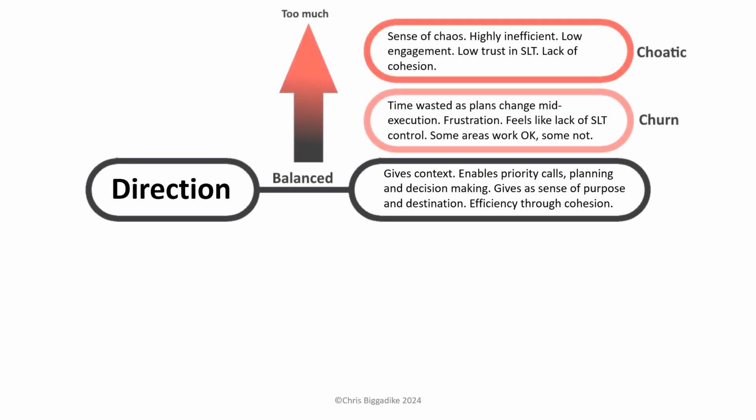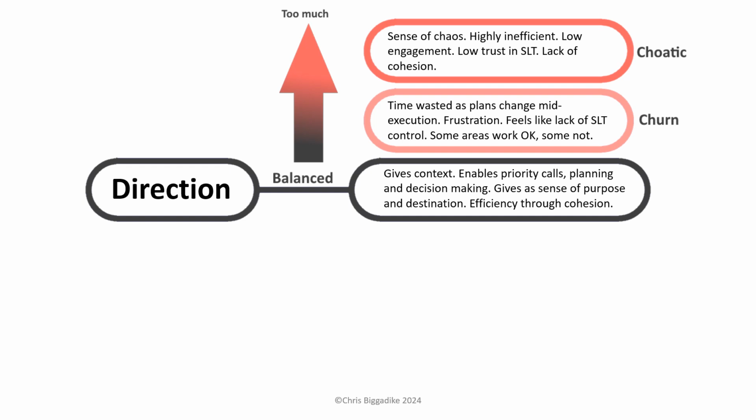What happens when there's too much? By too much, I mean chaotic churn, changes in direction. Well, initially, you're wasting time. Plans keep changing mid-execution. People are going to start to feel frustrated. It feels like there's a lack of senior leadership team control.